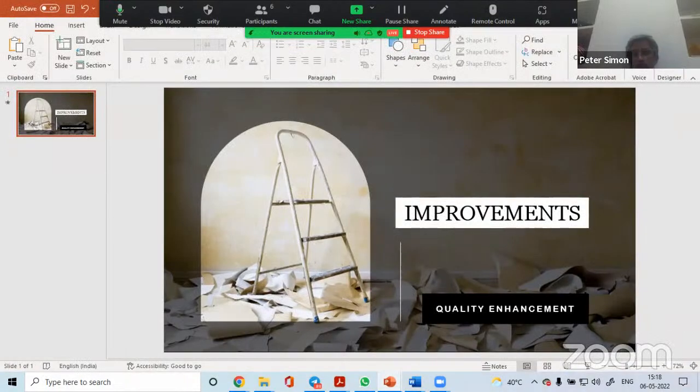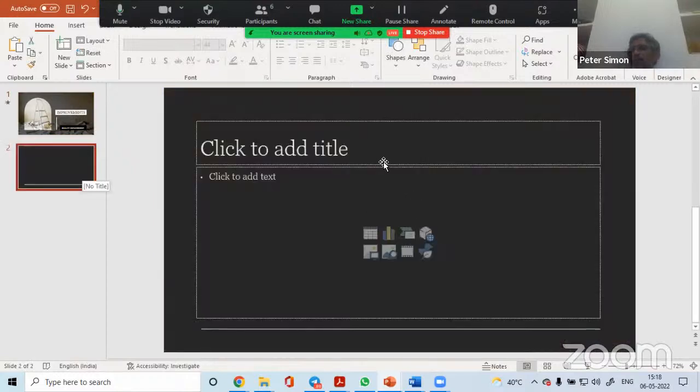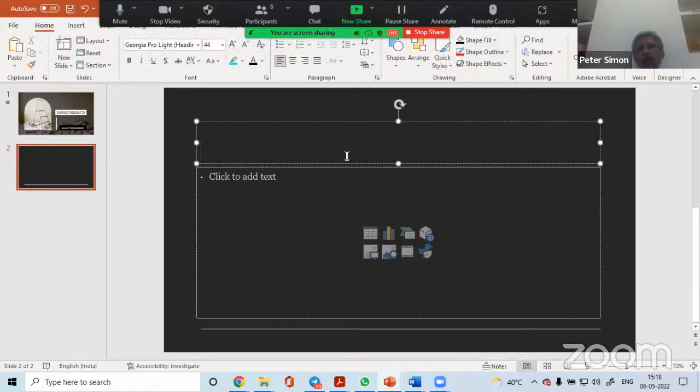So now here, making a list. Or you can say listing things. Listing actions together.